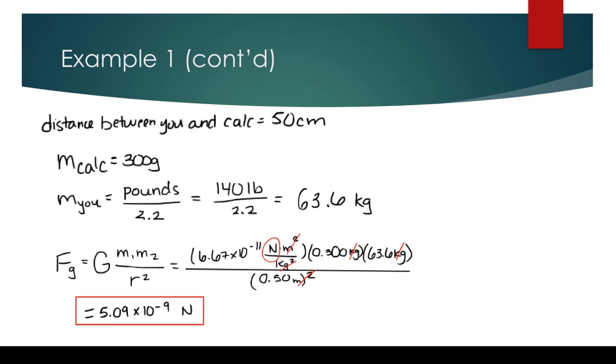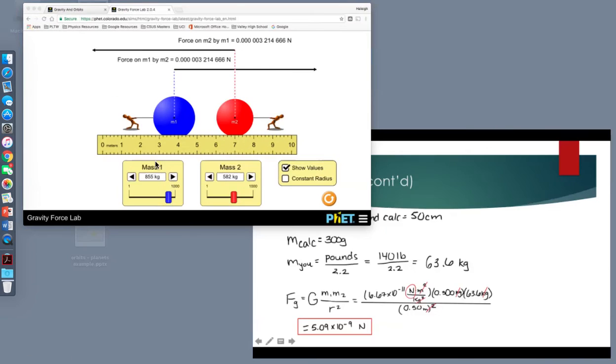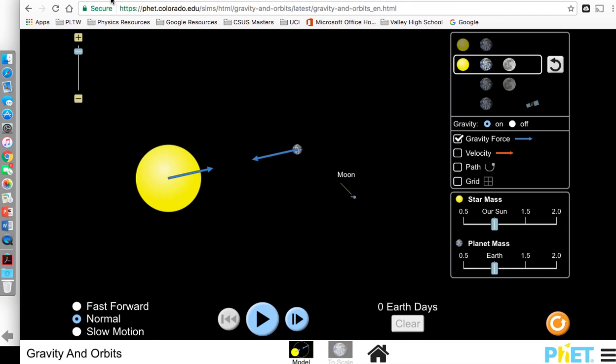Okay, let's go ahead and look at one more simulation, this time not between two random objects, but between our sun and our Earth. So if we take a look, here's our sun, here's the Earth, and luckily we can change the distance between these, and we can move them around wherever we want.